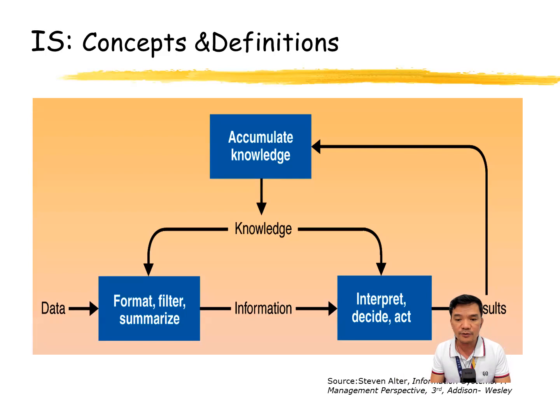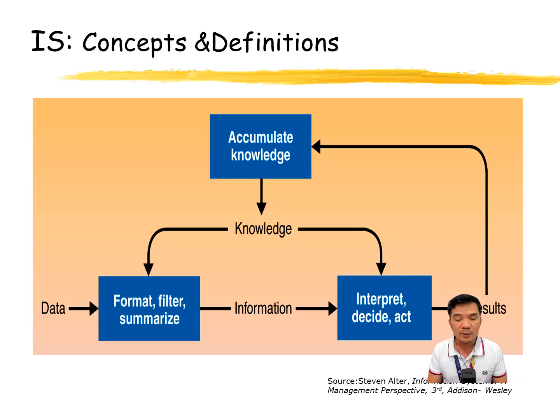In this diagram, we view information systems as a process composed of major concepts that later make up the information system as a whole. This explains the foundation of where information systems come from. We will start with data, and the data would be formatted, filtered, and summarized to be transformed into information.